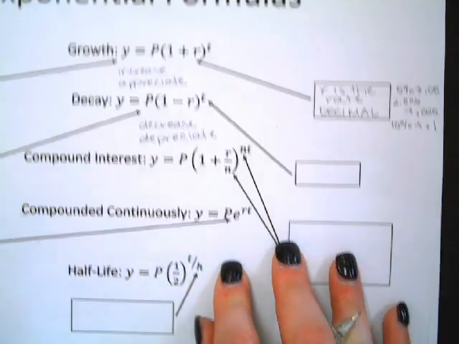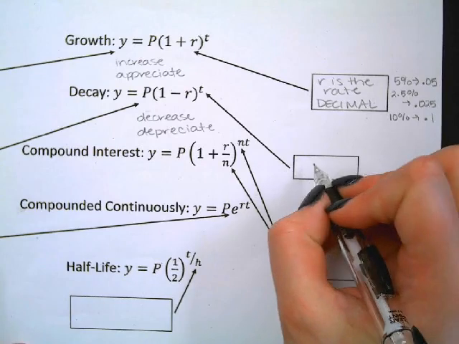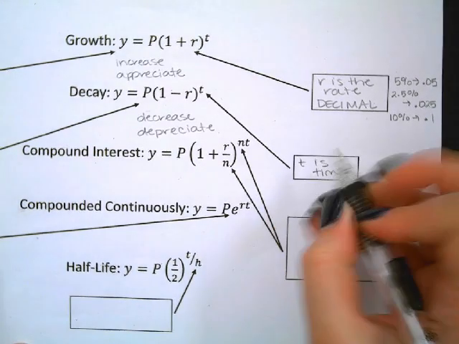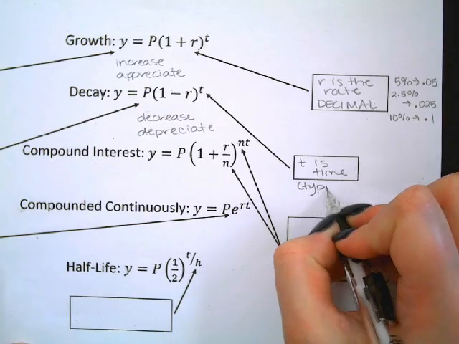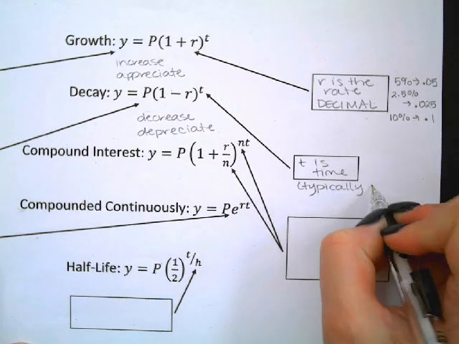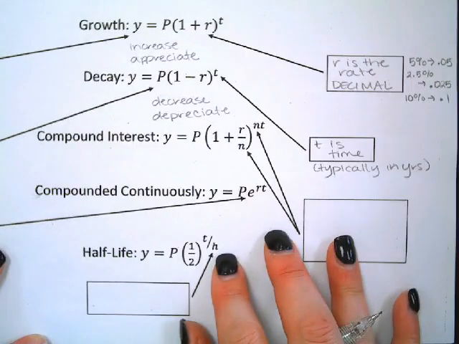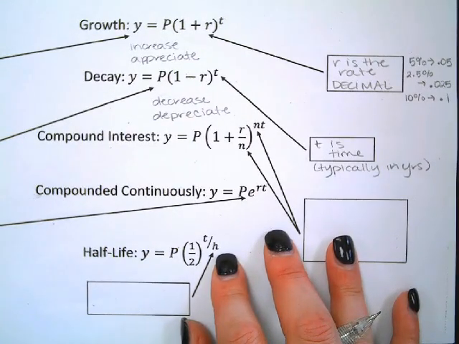The t value is time, and the time is typically in years, although not always. It is possible that in the context of the problem, you could see that it's something else.